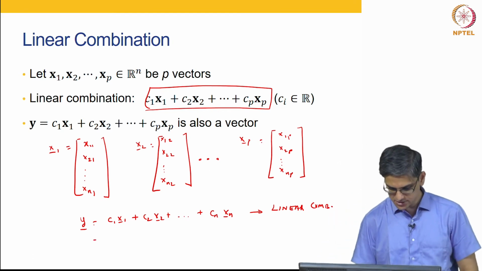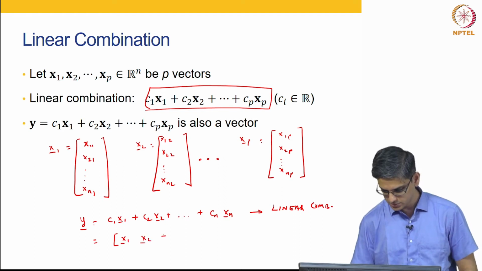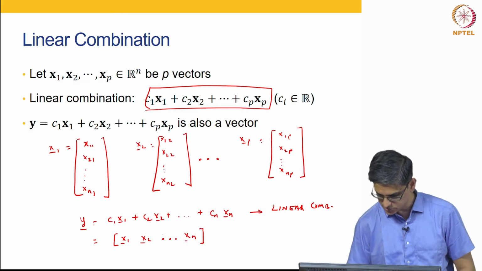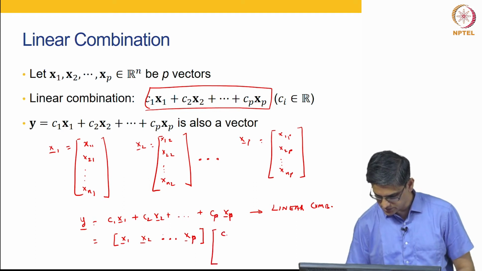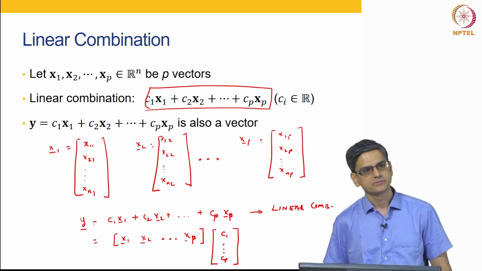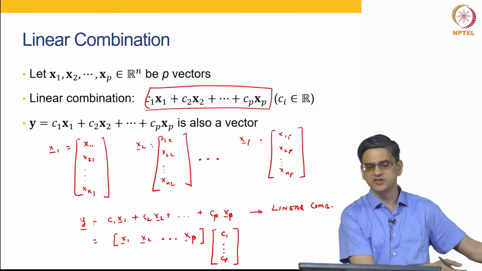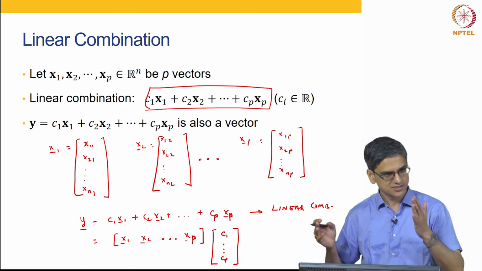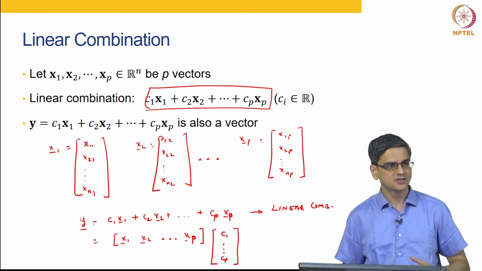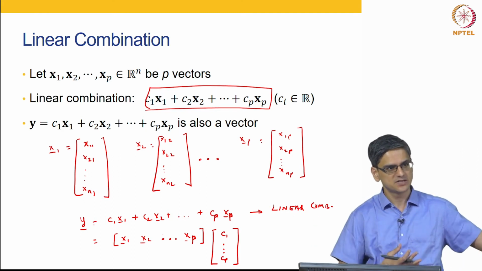Okay, and this we will represent as the matrix [x1 bar, x2 bar and so on up to, not xn, sorry, xp bar] multiplied by the vector c1 up to cp. Exactly what we did in the first slide of this lecture, we are just doing the exact same thing again. In the first slide we were given the equations and we represented them in this way.